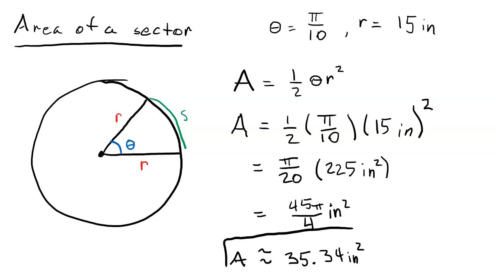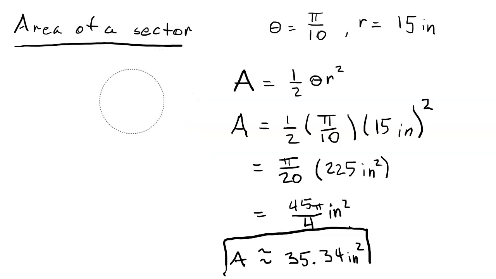Now you might ask, well, what happens if I get some degree angle? How do I solve for this? Well, if you remember from last video, what we did was use the pi over 180 degrees proportion to change any measurement from degrees to radians.